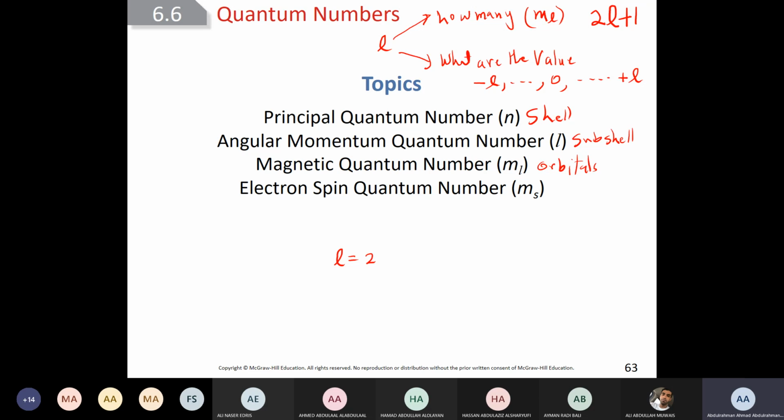Then my question is, how many ml? 5. Yes, thank you. How did you find it? 2 multiplied by 2 plus 1. Exactly. What are the values?